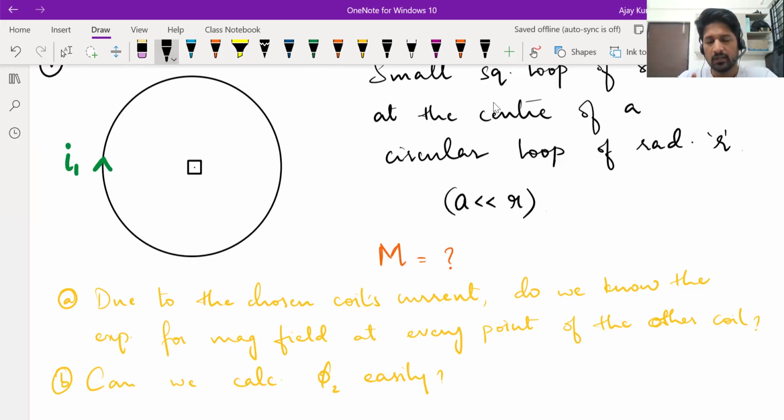Okay. Do we know the expression for magnetic field produced at the center of a circular loop? Magnetic field at the center of a circular current carrying coil or current carrying loop. Have we ever derived it?